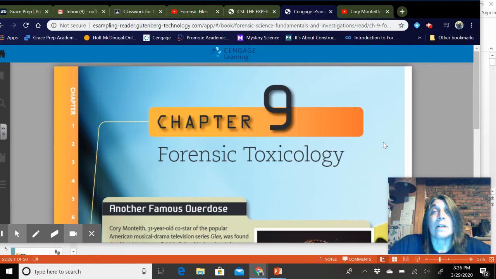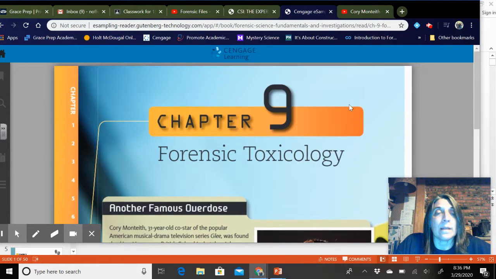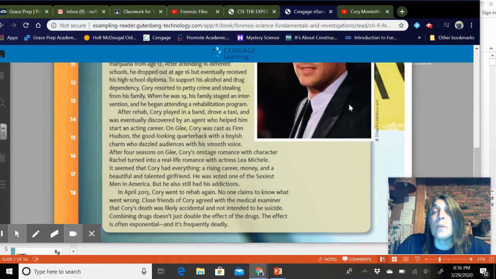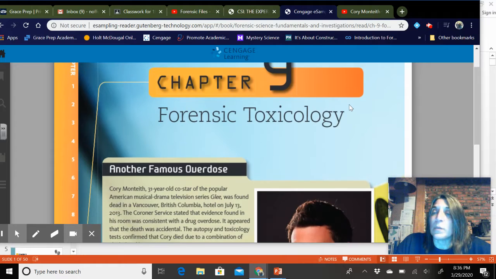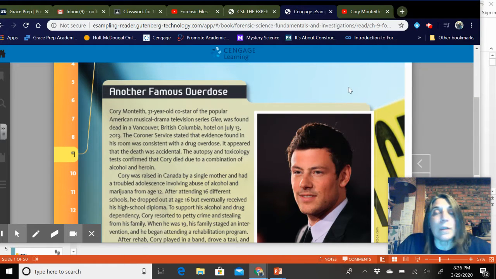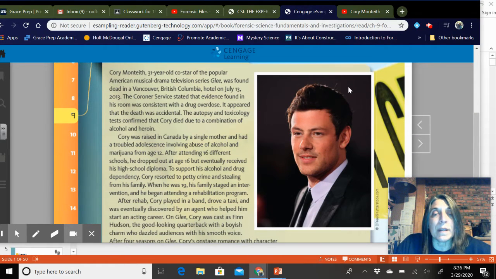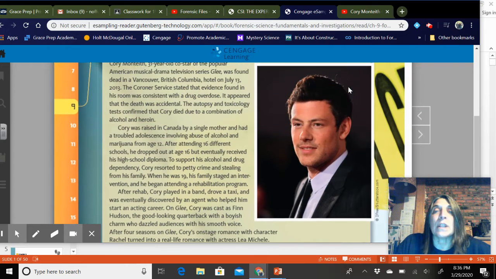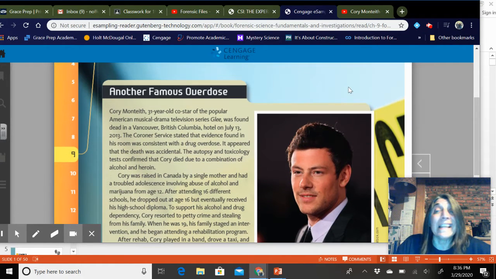So forensic toxicology, what is it? What is it about? We're going to start with this opening case study, and this is page 282 in your book, but I just went ahead and pulled it up. You may or may not know who this guy is because it's been since 2013. You guys probably weren't watching Glee 7 years ago when you were 10.